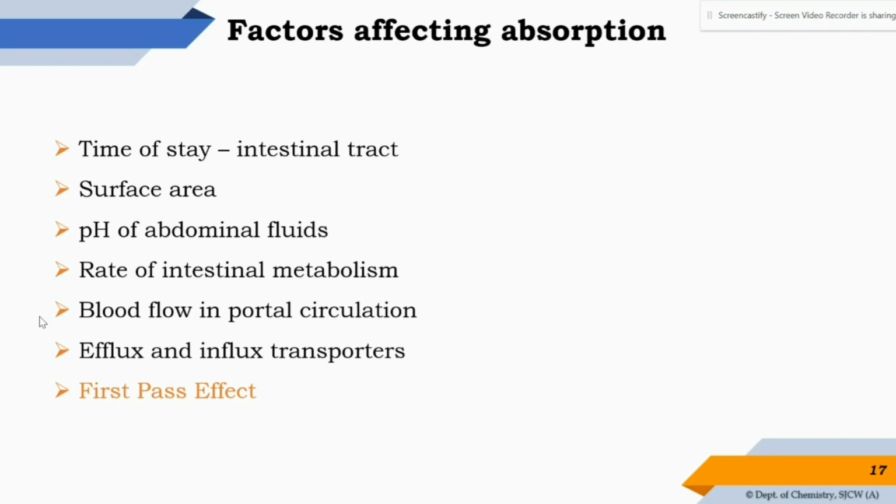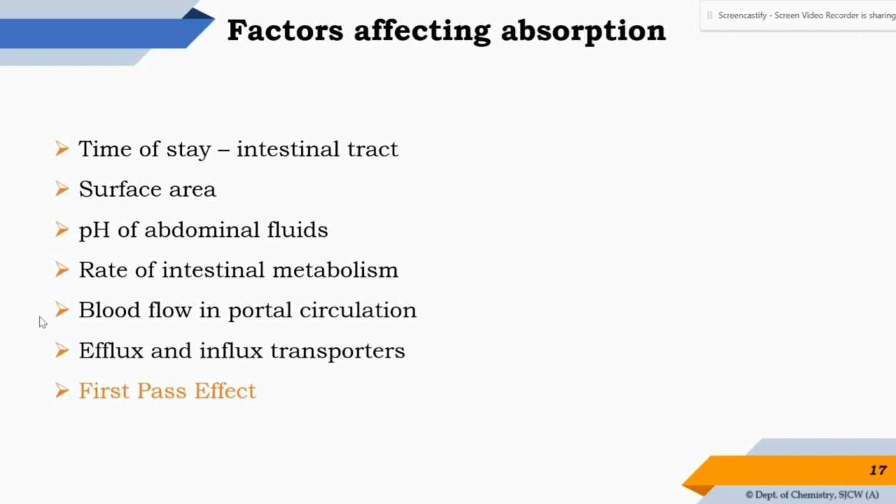While the liver does several functions, while performing its duties, it can also perform one of the unwanted or not so required functions, which is that it will act upon the drug and convert it into some other product or some other metabolite. So this effect of reducing the concentration of the drug before it reaches the target site.